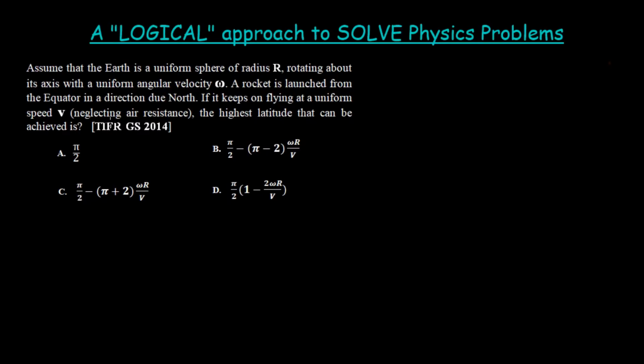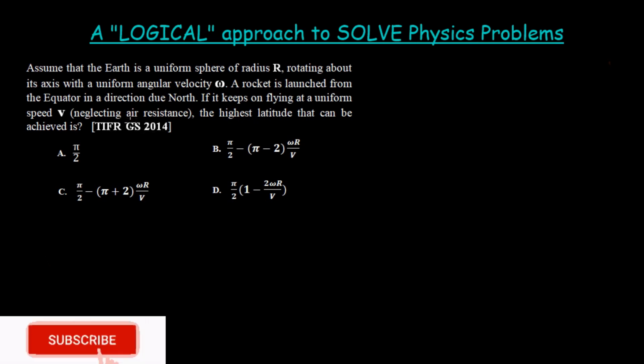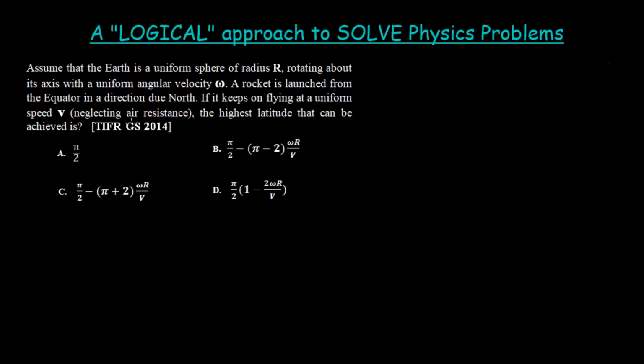Okay, this question was asked in TIFR GS 2014 in physics. I'll be solving this problem to give you the idea of how to approach a problem logically. The question says: assume that Earth is a uniform sphere of radius r, rotating about its axis with a uniform angular velocity omega, and a rocket is launched from the equator in the direction due north.